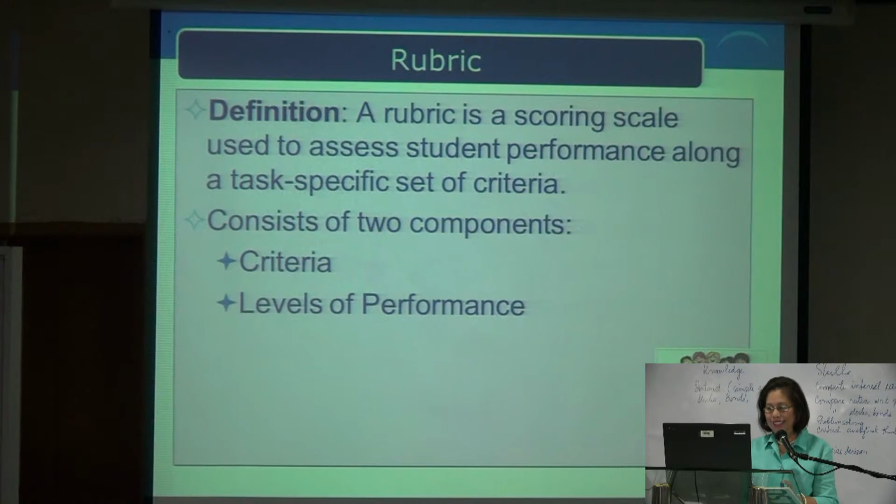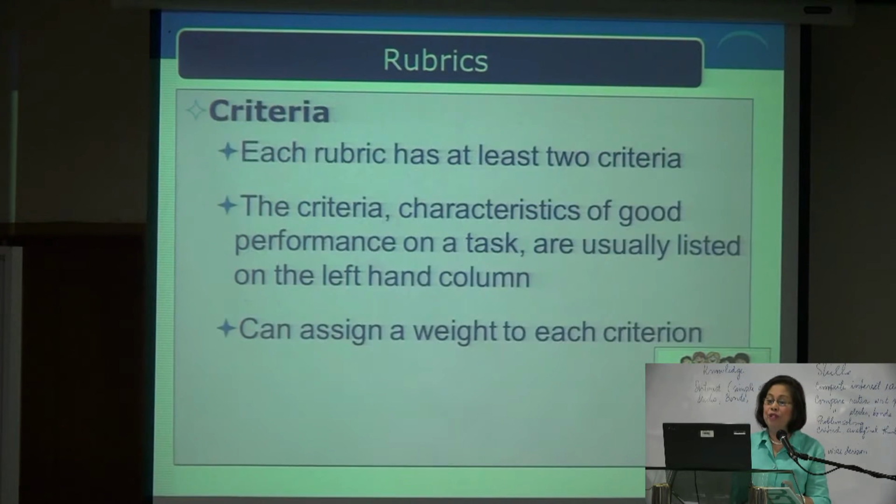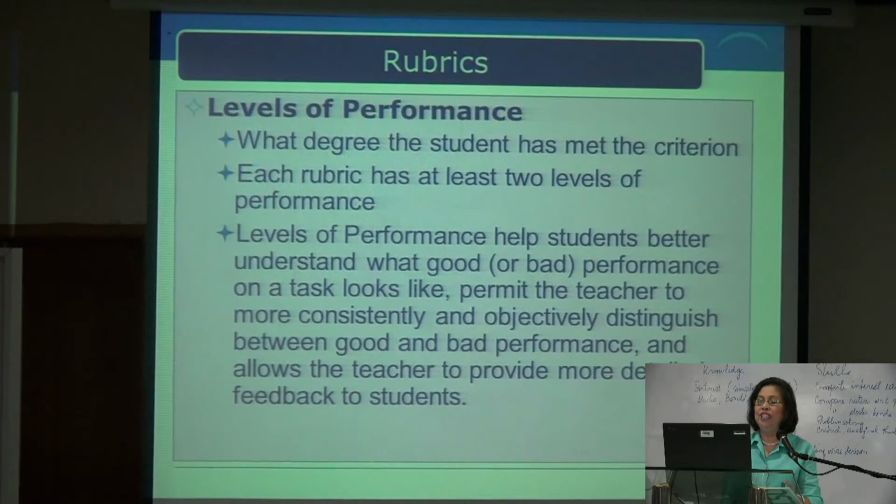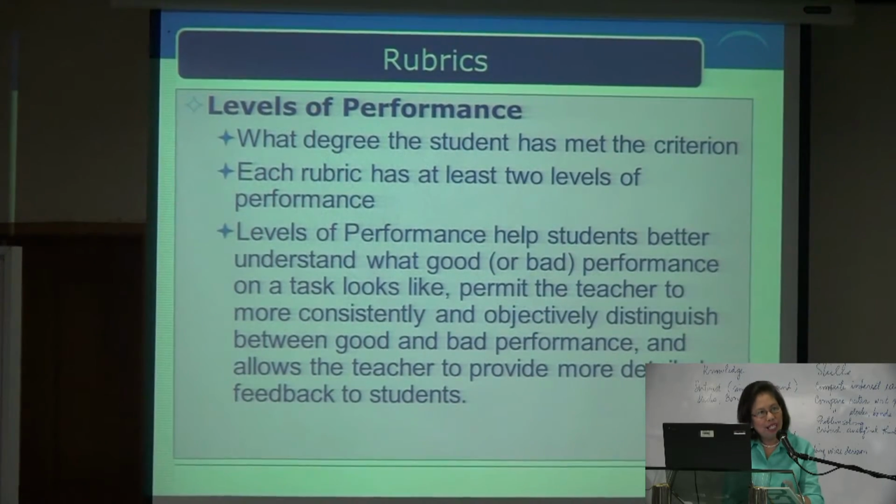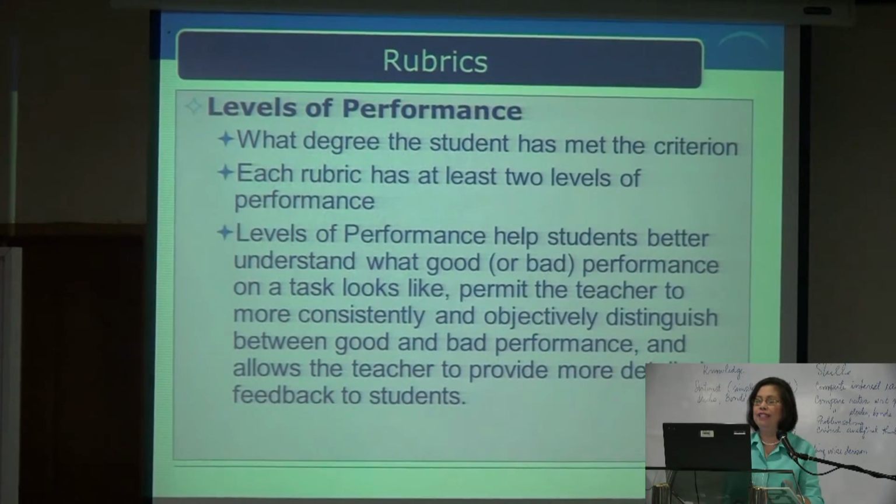And the rubric. Now, I'm sure you have been using rubrics. This is just a review. It consists of criteria and levels of performance. So it has at least 2 criteria. It gives characteristics of good performance. It assigns weights to each criterion. There should be levels of performance.